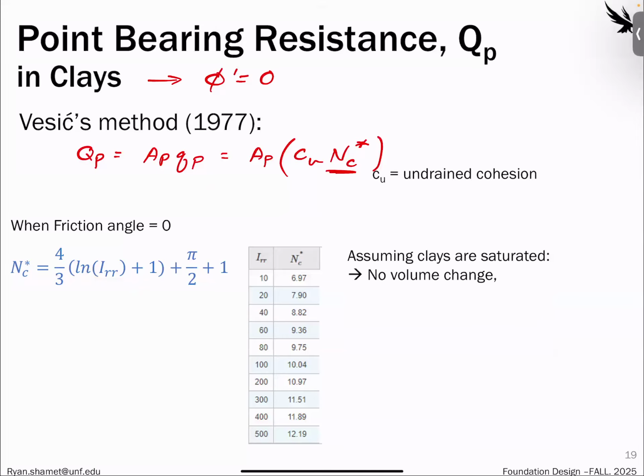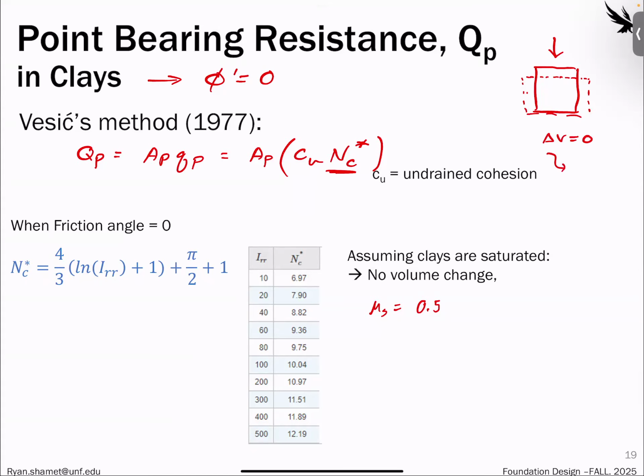Now, what this also assumes is that this is assuming saturated clays, which means there's no volume change when it's loaded. Now, if you remember back from mechanics of materials, no volume change means the Poisson's ratio is 0.5. Just as a recap, let's say we have this little square and we load this square, we're going to see a deformation in this direction, but we'll see an equal and opposite deformation in the other direction, which means the total volume change is equal to 0.